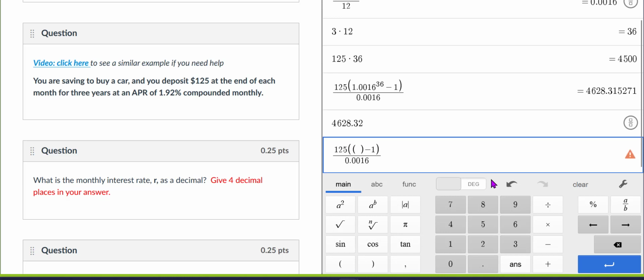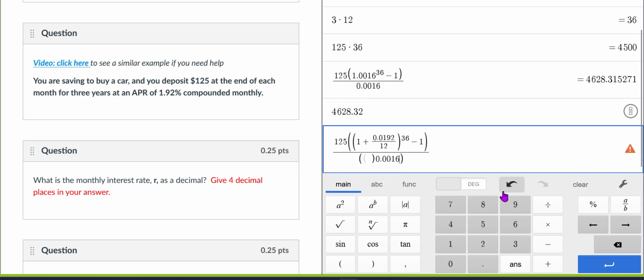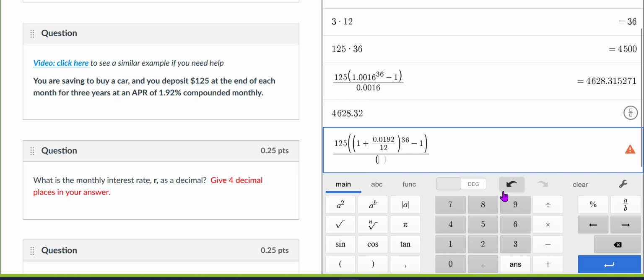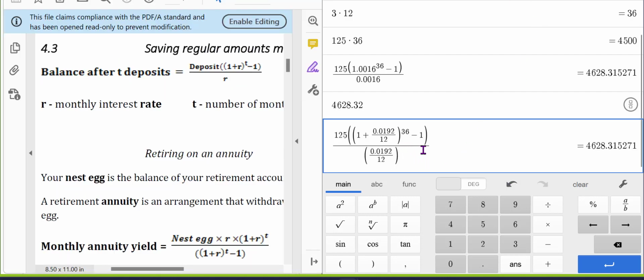So in a separate parentheses, you go 1 plus 0.0192 over 12, and then put that to the power of 36, and then subtract 1. Sorry, on the bottom, I put an exponent where there shouldn't have been one.